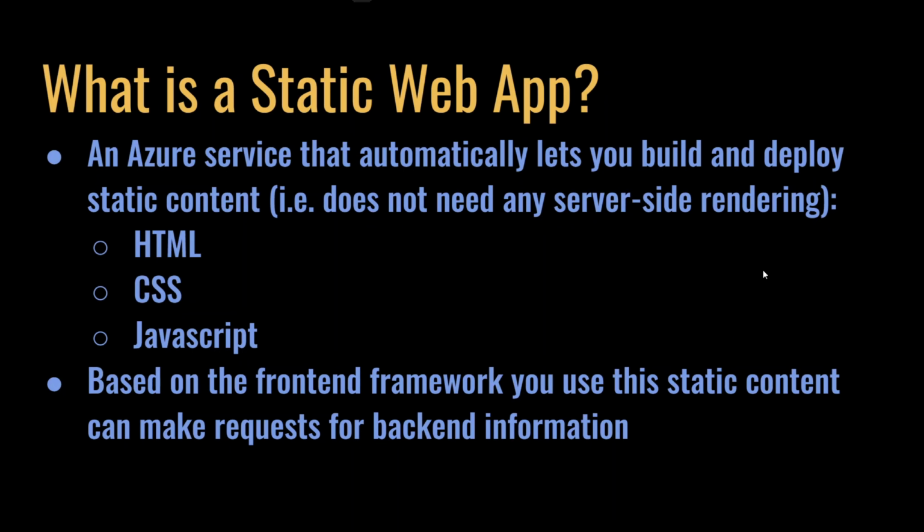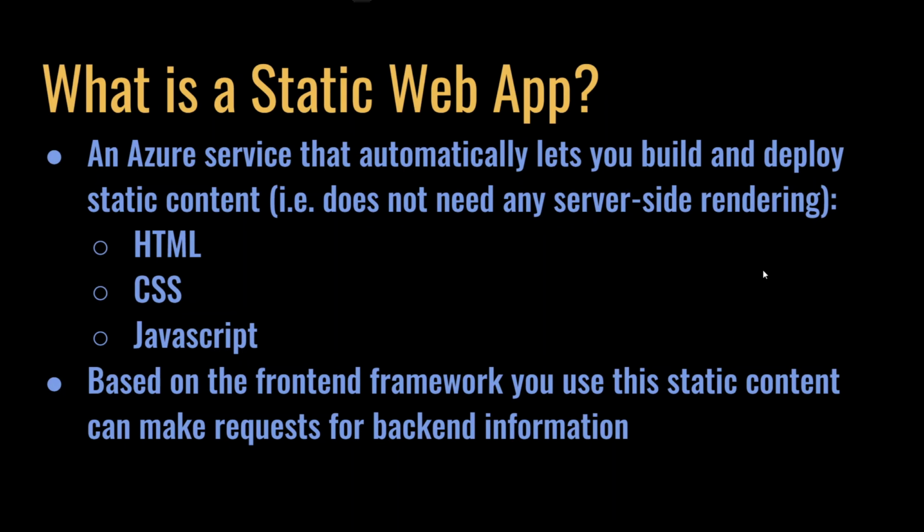So for example, you would not be able to use this service in Azure for an ASP.NET MVC website or a Java servlets website or a PHP website or a Blazor server website.